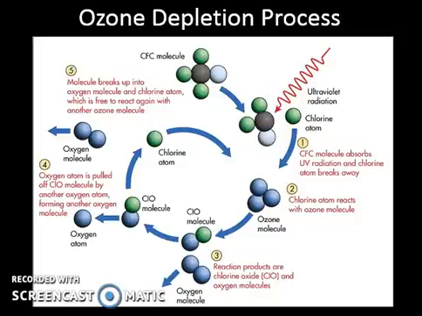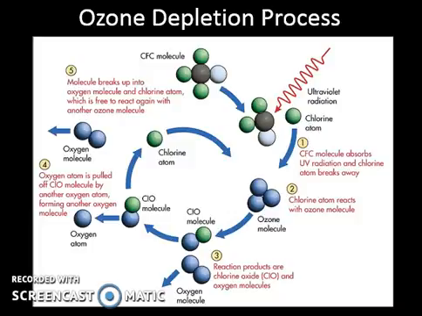We talked about CFCs. CFC molecules, chlorofluorocarbons, are released through coolants, refrigerators, and air conditioners. Remember, they were banned with the Montreal Protocol back in 1987. The chlorofluorocarbons are very light, and they make it up to the stratosphere. When they react to ultraviolet light, the chlorine becomes separated.